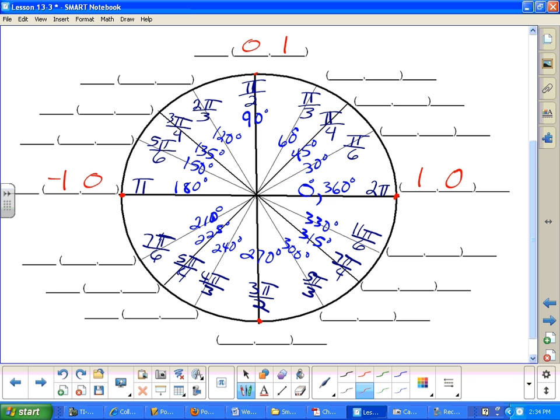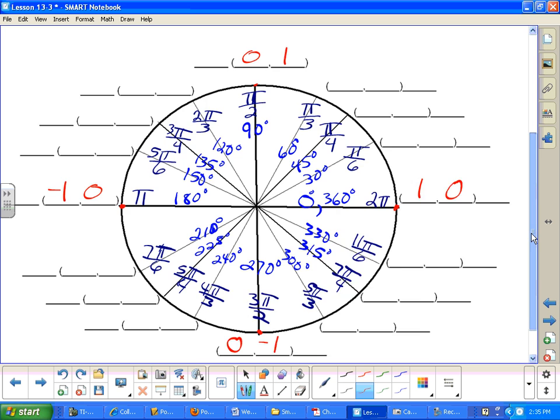And then we have 0, -1 for 3 pi over 2. Okay, so there's the outside. Those are the axes. All right, the easiest ones are the axes.